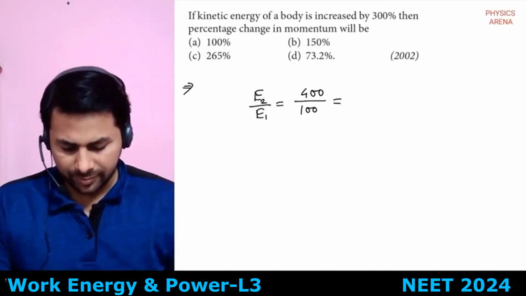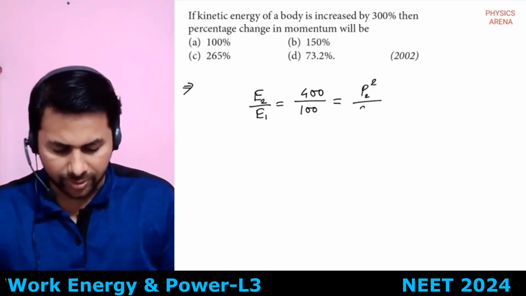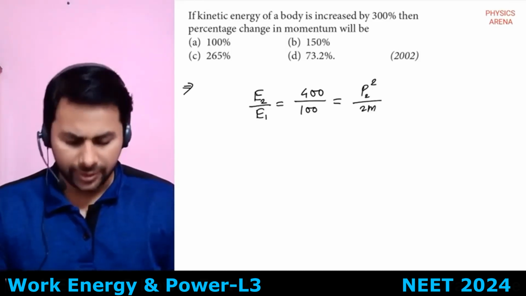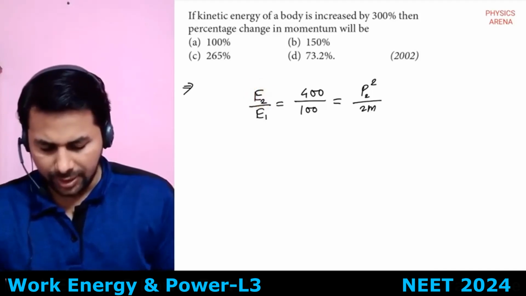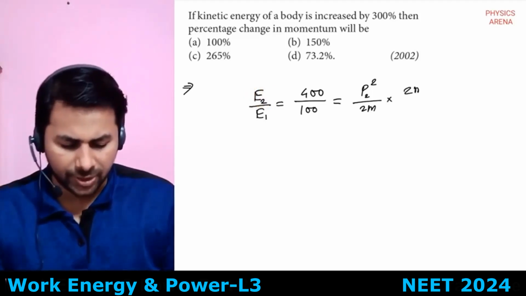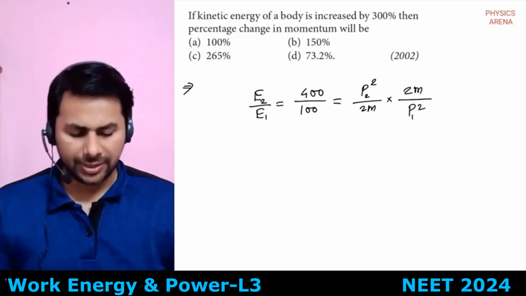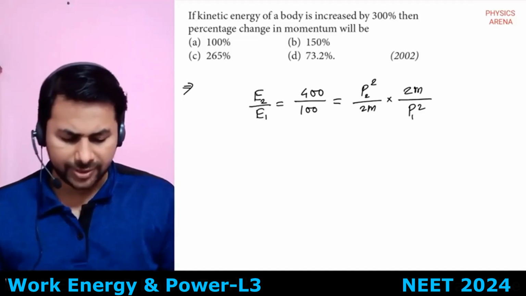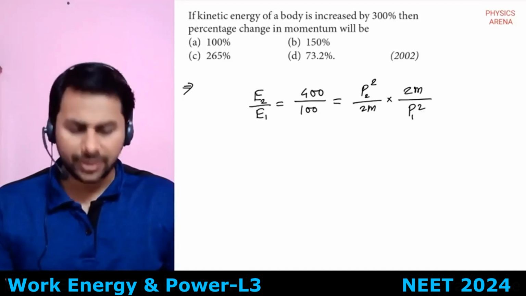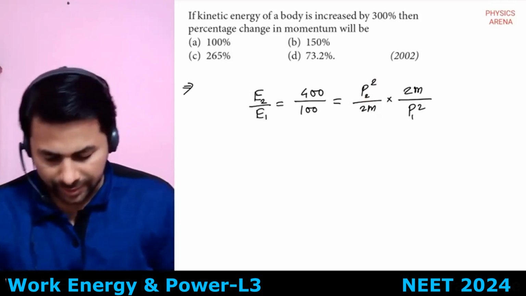And that is P2 square upon 2m. This is E2, and I want to divide by E1, so it is multiplied by its reciprocal. So it is 2m divided by P1 square, or you can just say it is directly proportional to P square. Mass of the body will remain constant. So it will be just P2 square upon P1 square, right?